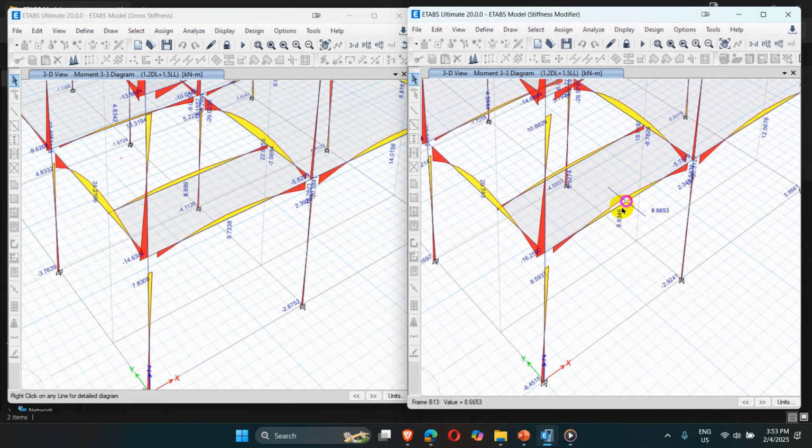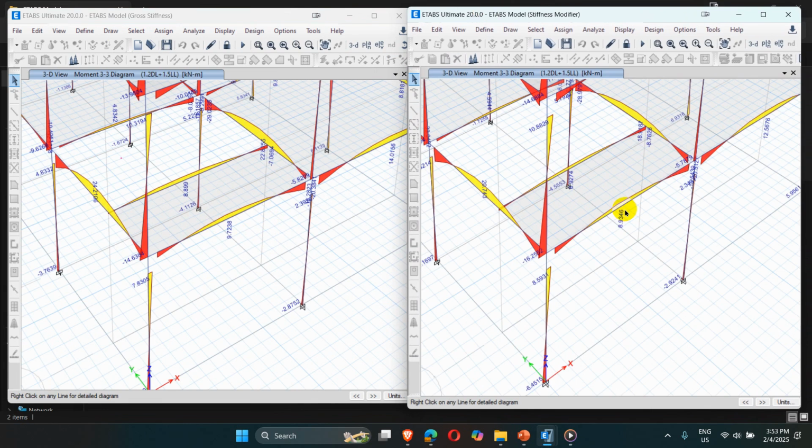with stiffness modifier. Here, if looking into the beam, the moment of inertia is decreased to 35% for the beam, and this is the moment of inertia with 100%. So we see that the gross moment of inertia is more, the moment is more with the model with gross moment of inertia.